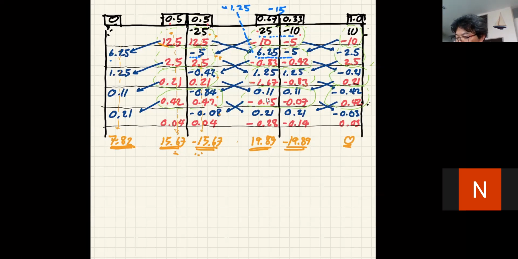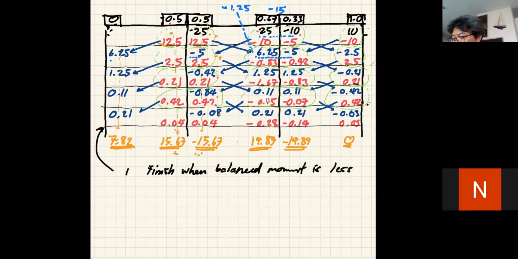But one of the few things you should notice is that first, you can finish when you know the balance moment is less than 3% of the original of the numbers you begin with.